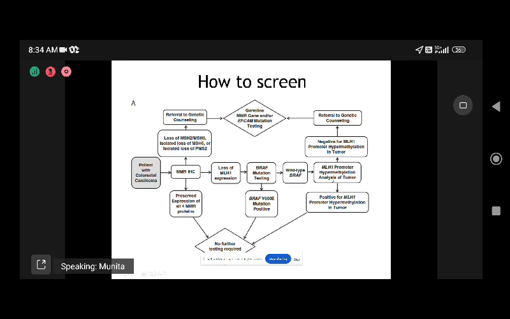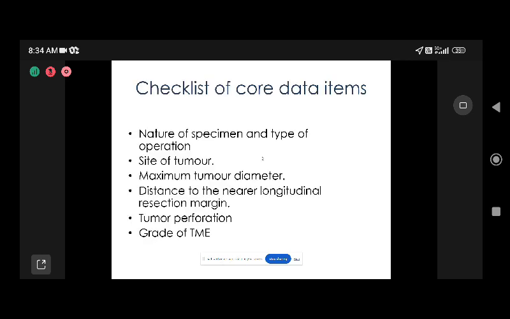If there is MLH1 promoter hypermethylation, that also means there is epigenetic silencing and no further testing is required. Whereas if that is also not there, then this person goes for genetic counseling. So this is basically how we decide whether the patient needs germline testing or is likely to be sporadic. So the checklist for this is, I think I have already overshot my time.